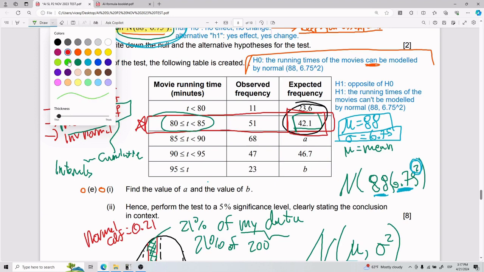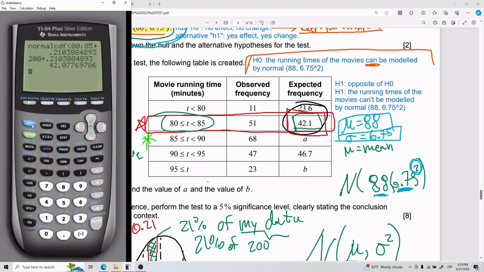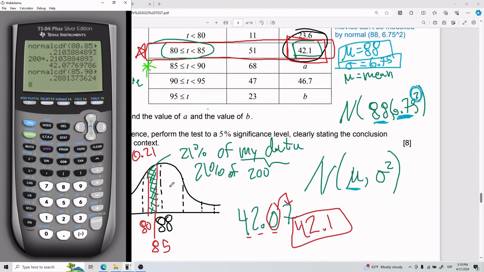So for this next one, now that we understood what's going on, it's way easier. So for this one, I can go to normal CDF, say, okay, so my lower is 85, my upper is 90, my mean and standard deviation haven't changed. Boom, I got this percent. So it's 28% between 85 and 90.